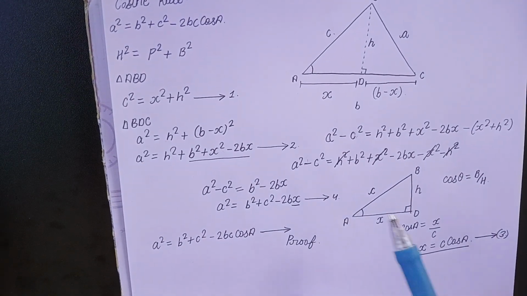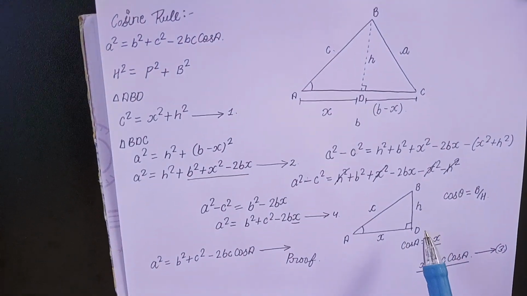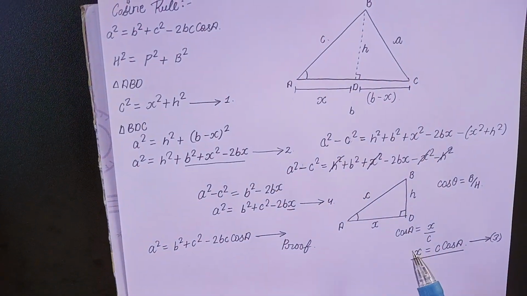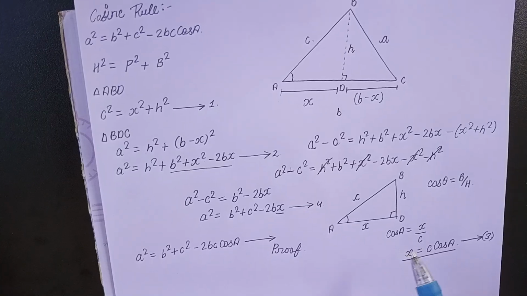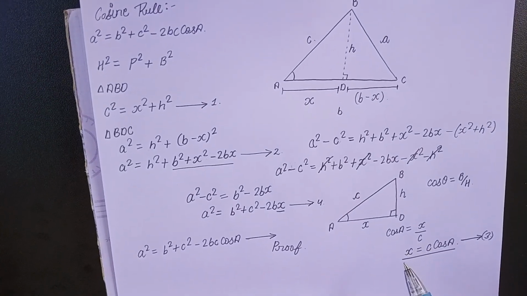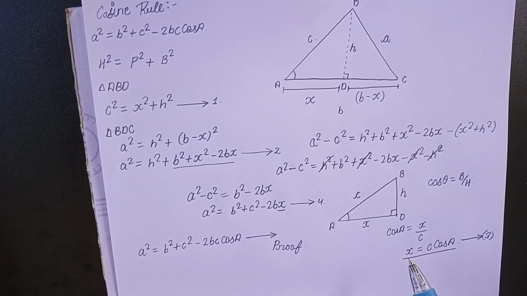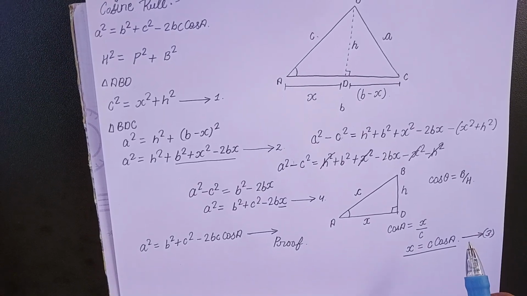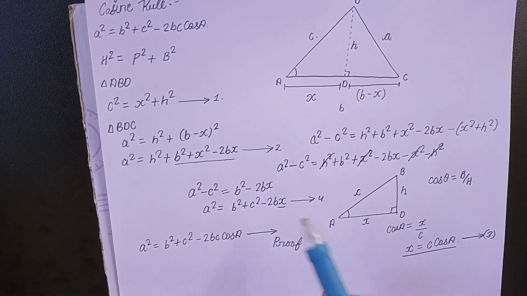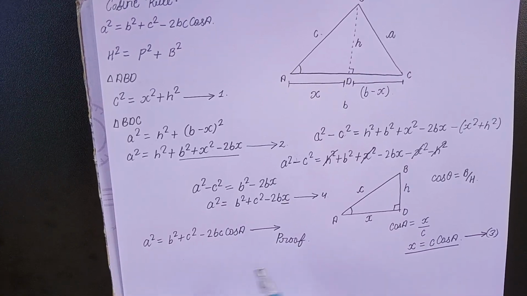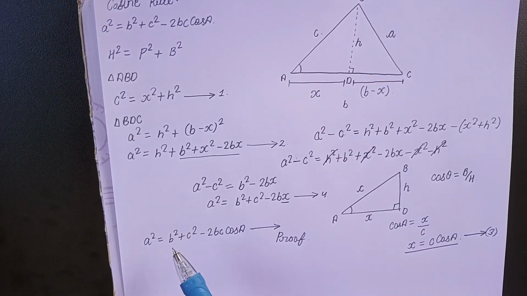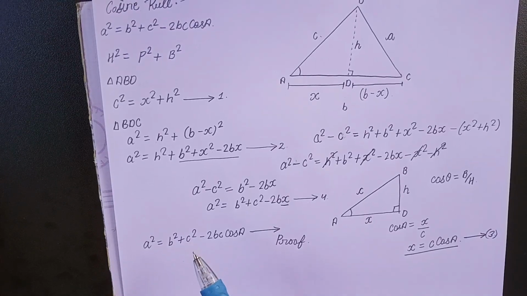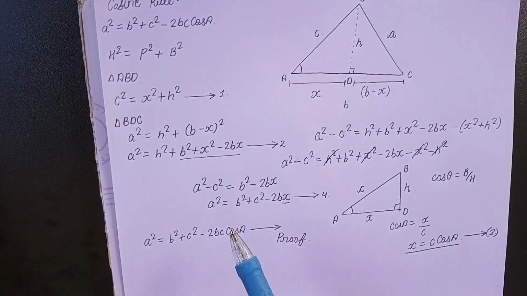Now we need to find x, so we take the triangle ABD and solve the cosine of A, we get x divided by c, and from here we get the value of x. We put this value of x, equation number 3, into equation number 4. Then we get a square equals b square plus c square minus 2bc cos A.